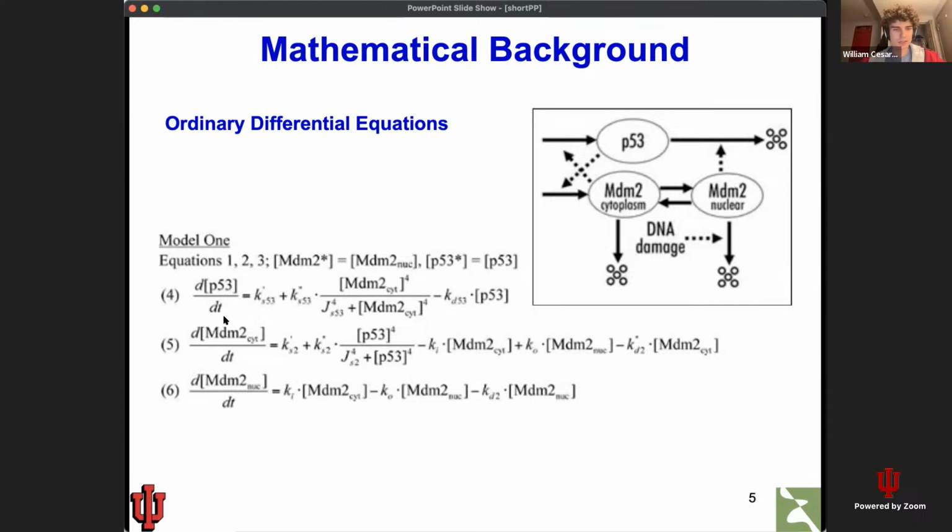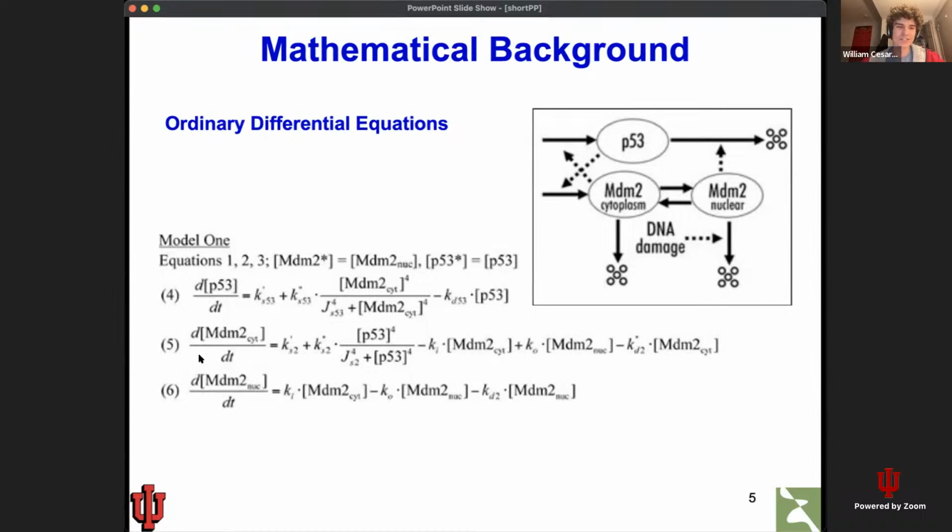And then similarly, the second equation is very similar, but maybe I can note one thing here. MDM2 in the cytoplasm and MDM2 in the nucleus: it's not transpose, it's transport.